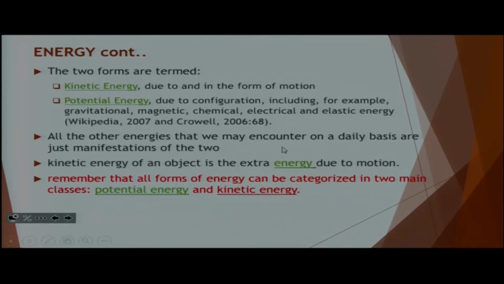All the other energies that we may encounter on a daily basis are just manifestations of either potential energy or kinetic energy. As long as it's in motion, then you know it's kinetic. But if it's just sitting there, it's potential energy waiting to be moved, then it's going to be converted to kinetic energy. Kinetic energy of an object is the extra energy due to motion, very important.